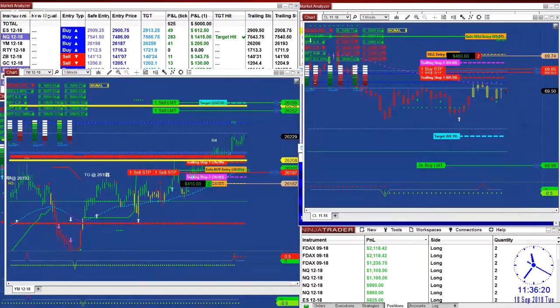I'm gonna be quiet for a few minutes, and we will see how this ES. I like to show you how this ES is gonna come out on a reversal.